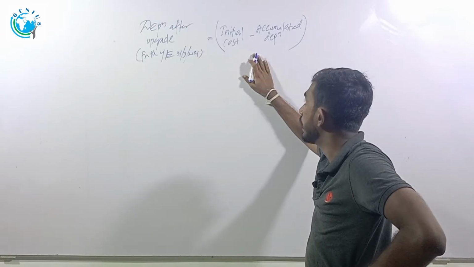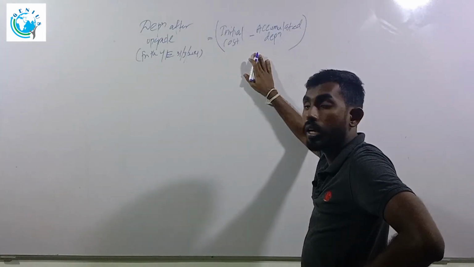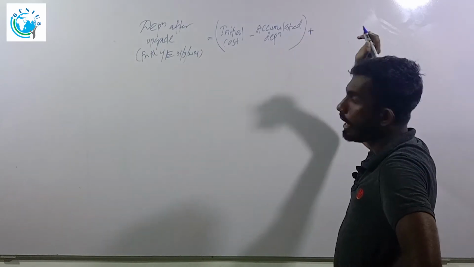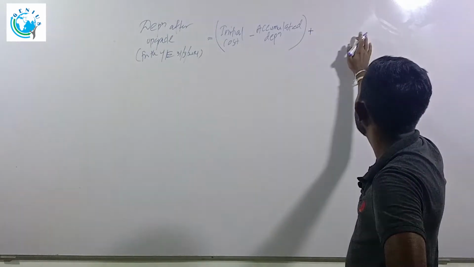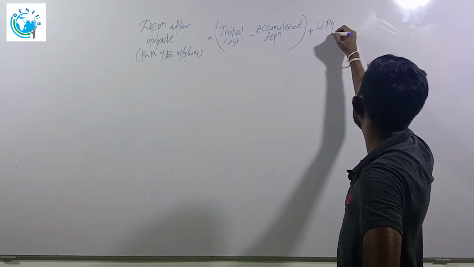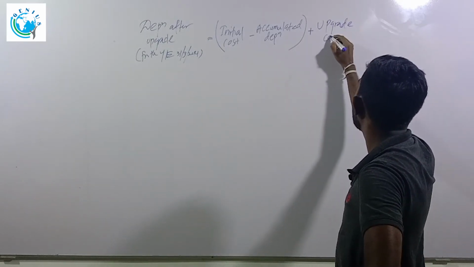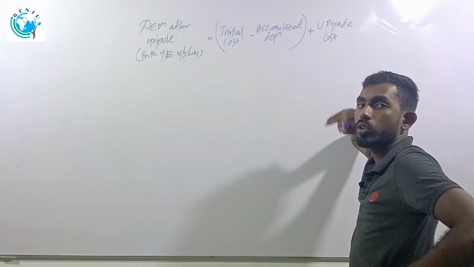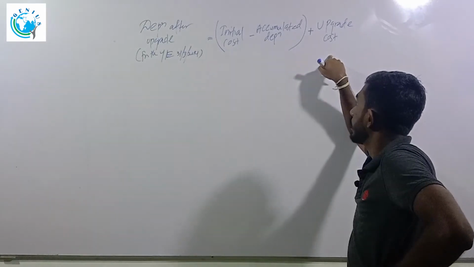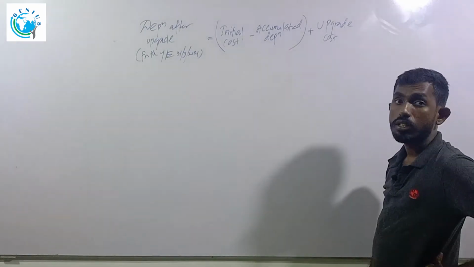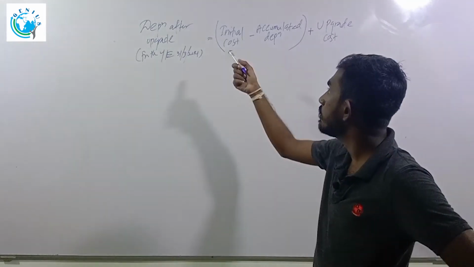So at the date of upgrade, this is the carrying value. Then for that amount, you have to add the upgrade cost, or the amount that you are going to capitalize. That means this is like the new cost of the machine, the new cost of the upgraded machine.